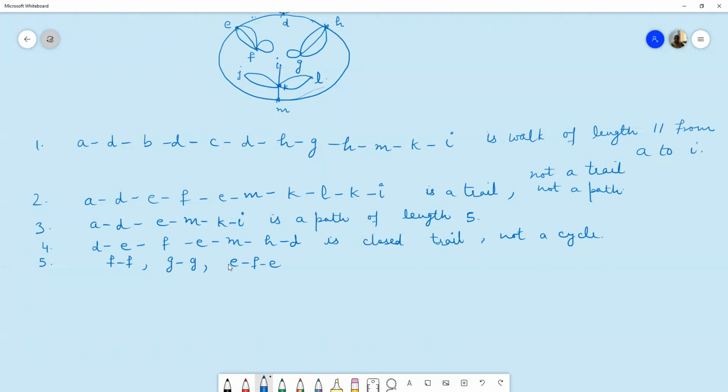Now the starting and end points are same, and it contains different edges, so it is a cycle. Then D, E, M, H, D. So this is D to E, then M, then H, then D. So this is also a cycle. So all these are examples of cycles.